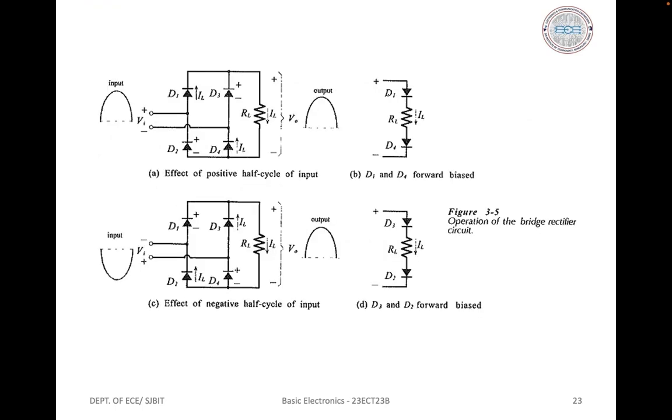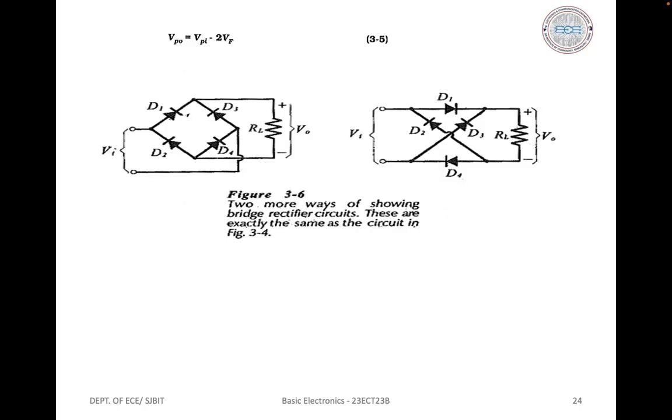So these are the two circuits which show the effect of the negative half cycle of input and also the effect of the positive half cycle of input, where in the positive half cycle D1 and D4 are forward biased, and in the negative half cycle D3 and D2 are forward biased. There are two more ways of showing bridge rectifier circuits.